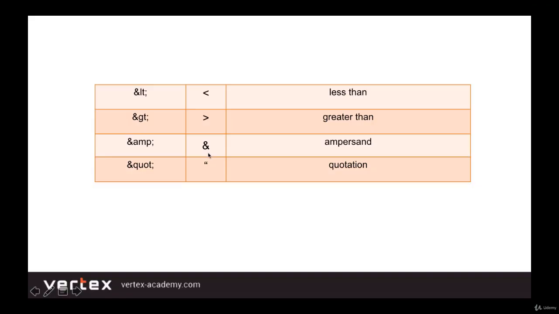Alright. You also need to use the special code name to write the ampersand sign itself, because otherwise it might signify the beginning of the code name for special symbols. So to write it, you do the following. You write the ampersand sign, then amp and semicolon.